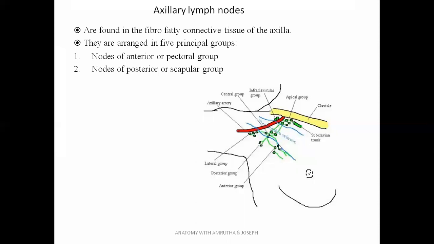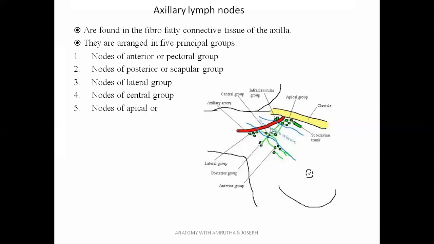So let's see the anterior group here, and the posterior group. Nodes of the lateral group: some are seen on the lateral aspect of the axilla, towards the axillary vein, in this area. The central group is placed at the center of the axilla.